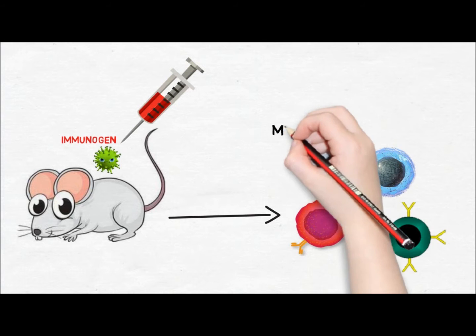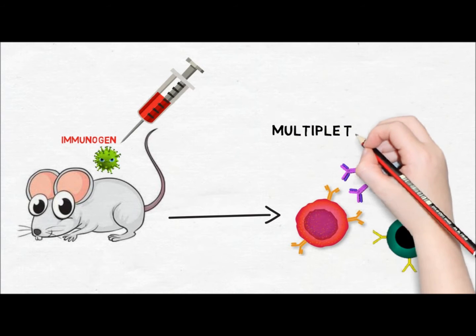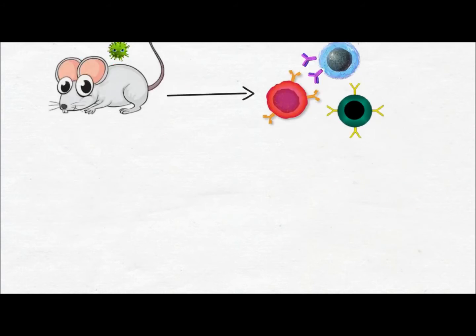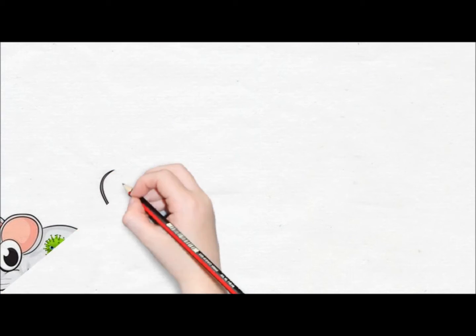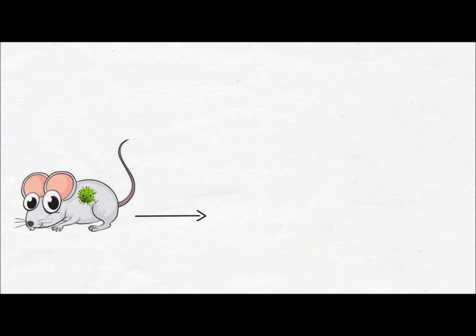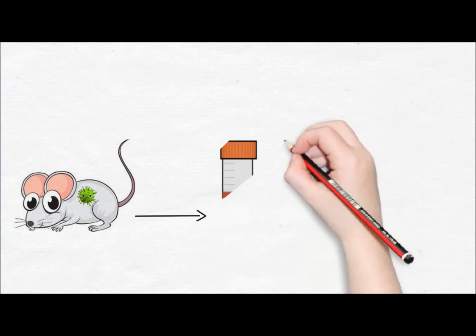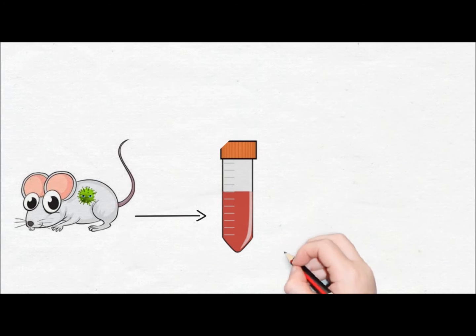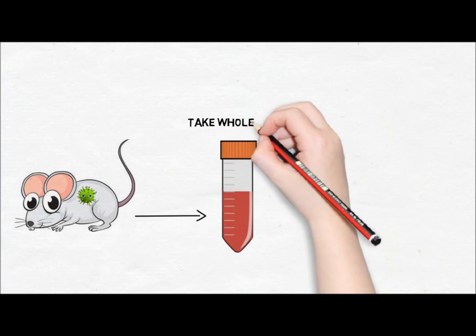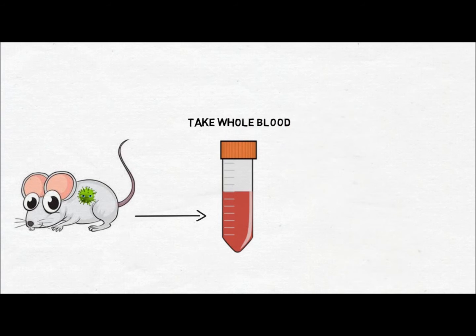But in polyclonal antibody production, multiple lineages of B cells are activated, and these B cells will excrete polyclonal antibodies into the blood of our little rat. So in order to obtain these polyclonal antibodies, we simply have to take a whole blood sample from our immunized rat.